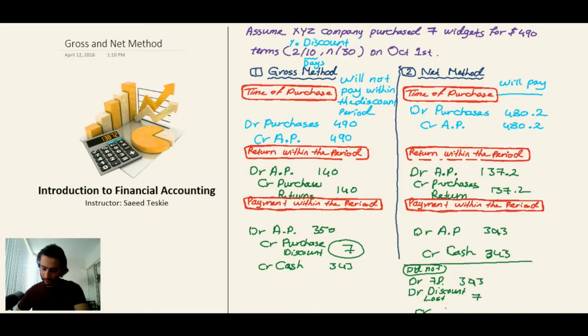We will credit cash with the full amount that we have paid, which is the 350. Nice. Okay, here, if you did not pay within the discount period, it will be very simple. You will debit accounts payable with 350 and you will credit cash with 350.